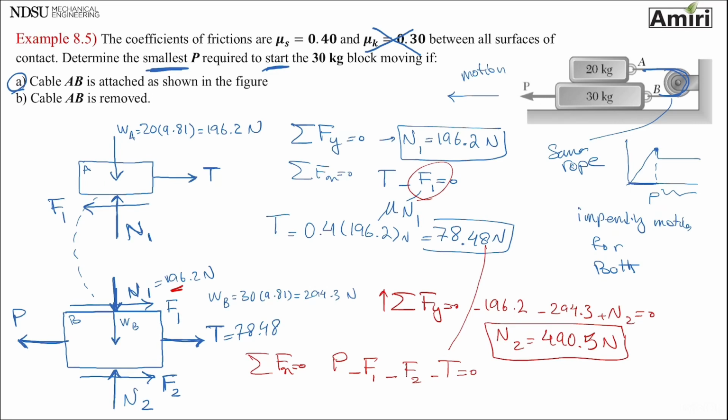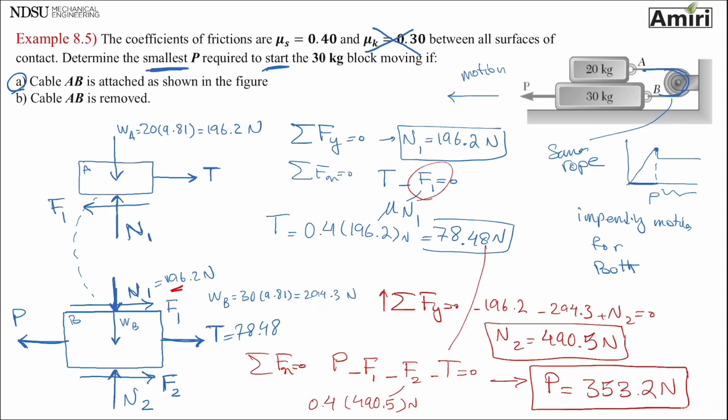I have that. F2 is also 0.4, mu N2, 490.5. The only unknown here is P, and it's going to result in 353.2 newtons. Okay, that was all that work was part A.